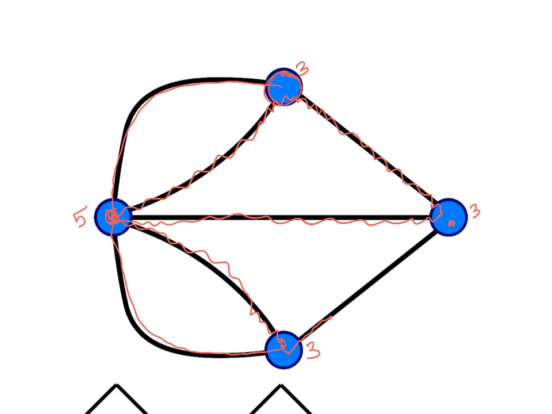So there are two problems with this. Firstly, I left out this edge, and the second problem is I couldn't return back to the starting point. I got trapped at some vertex different from the start vertex. So this graph doesn't have an Eulerian cycle.